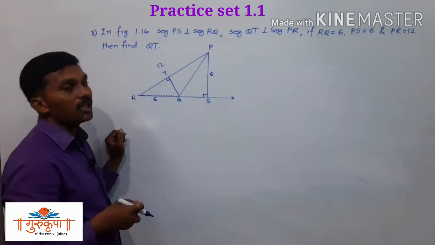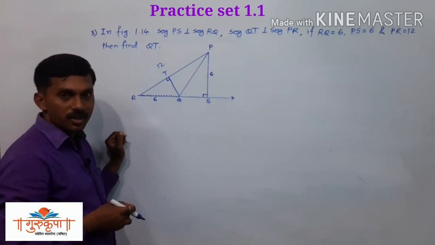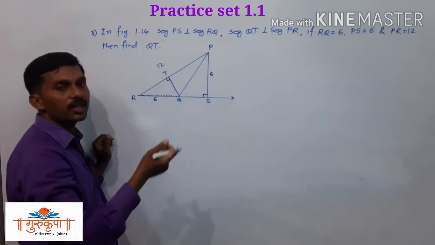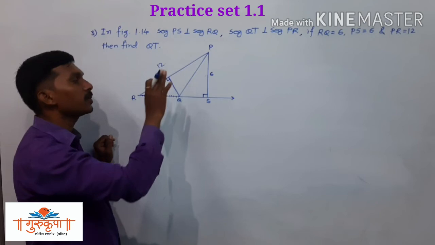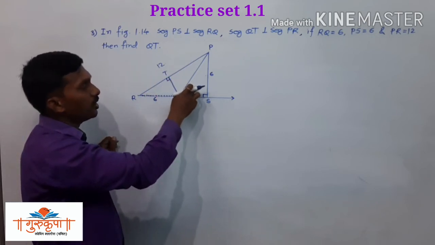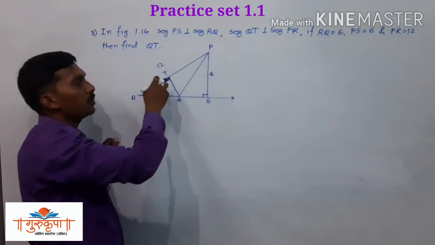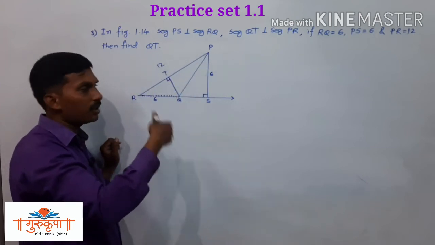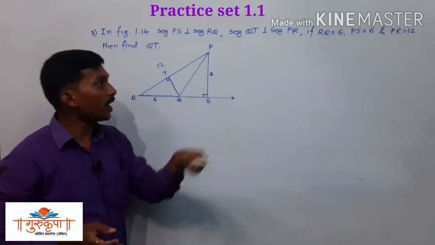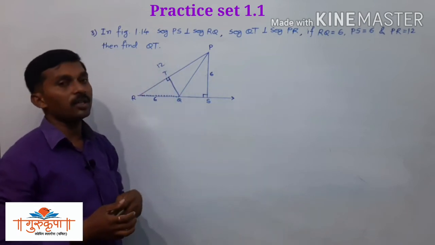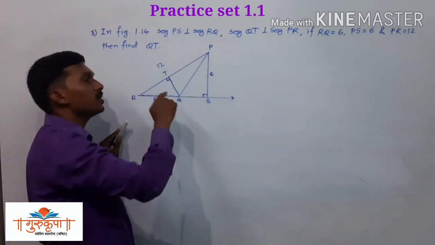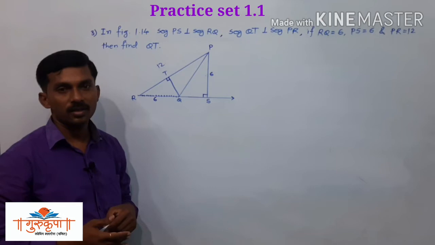Now here we are unable to use the property since the same triangle is used. We do not have two different triangles. In the diagram we have different triangles. In the diagram 1, 2, 3, this is bigger triangle 4. We will get more and more triangles there, but the triangles which we need to find the length of seg QT, that is the same triangle we are using twice.